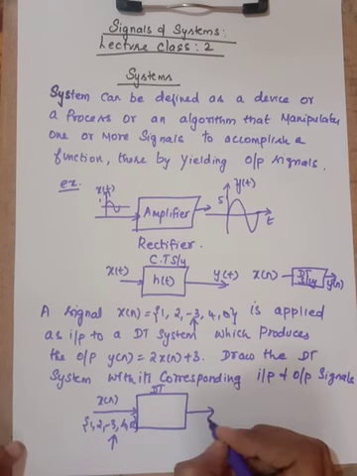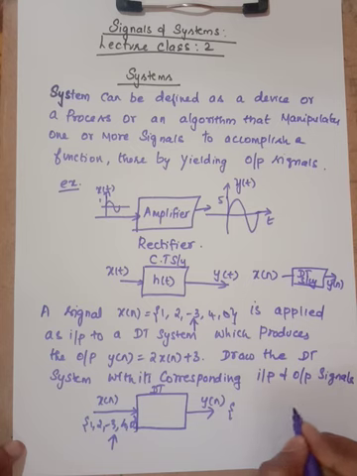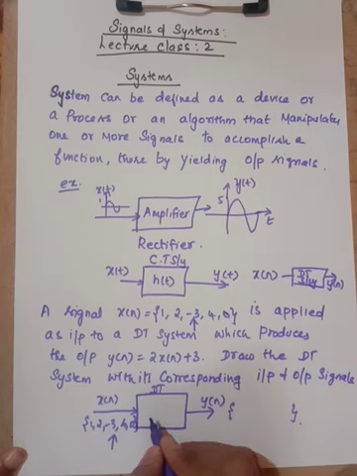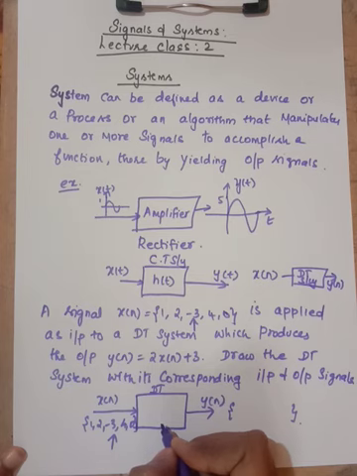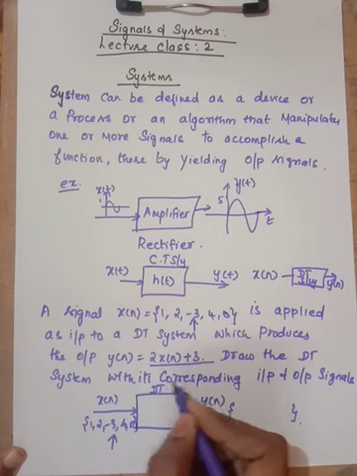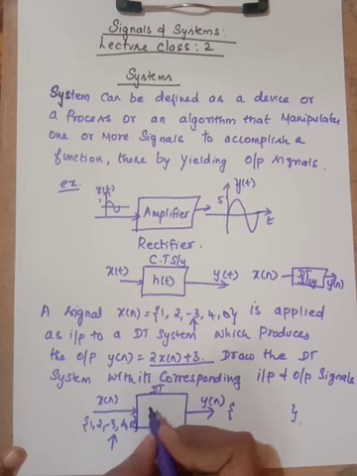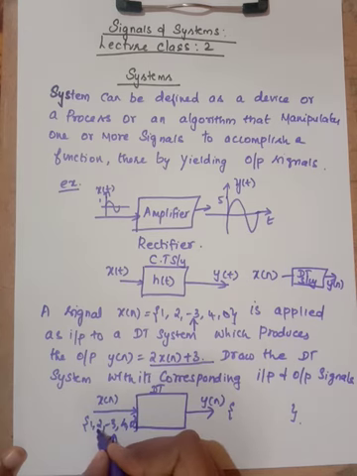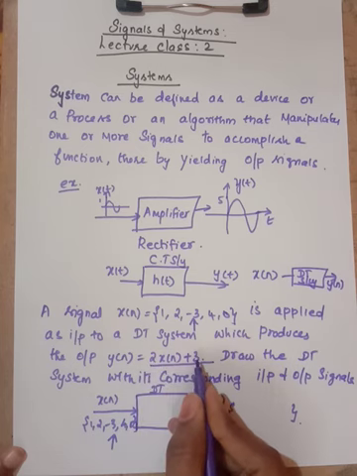Now we need to produce the output y of n, and we need to write the output as a sequence. So we need to know the functionality of the discrete time system. They have given the relation 2x of n plus 3, which means that whatever input you give to the DT system, it multiplies the input by 2 and adds 3.